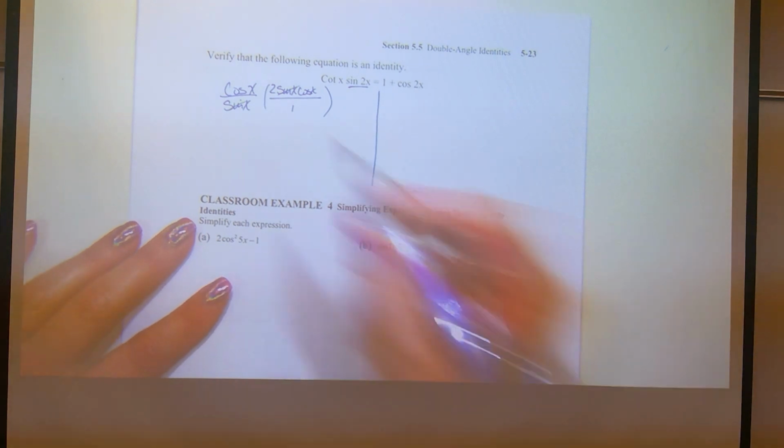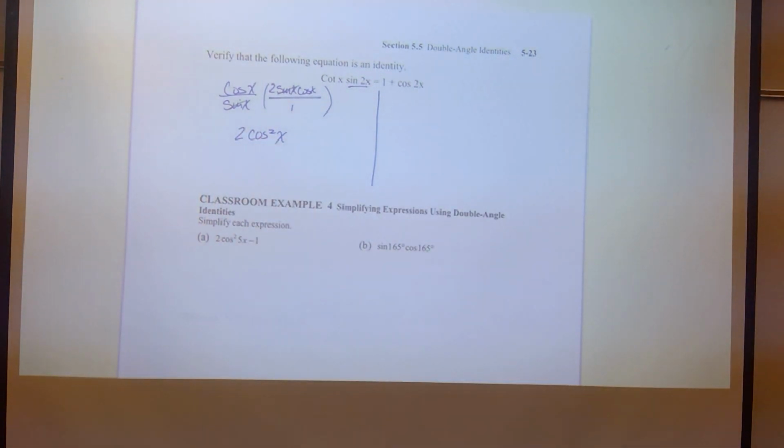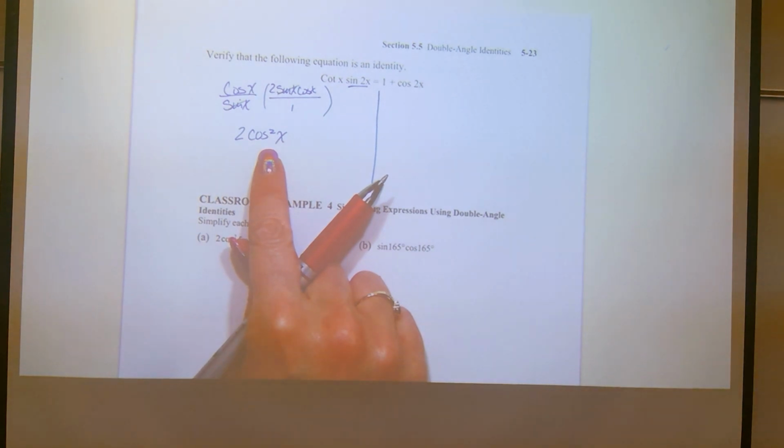That leaves me with 2 cosine squared x. That is not exactly any of my double angle identities, but one of my double angle cosine identities does have a cosine squared x.